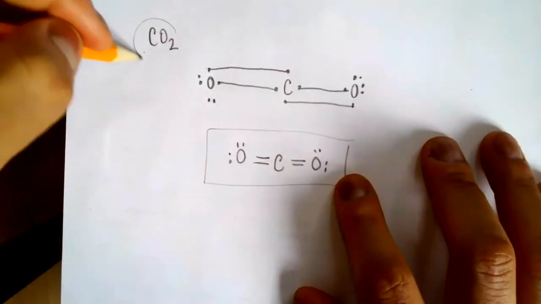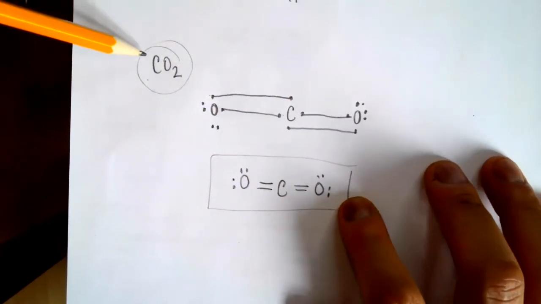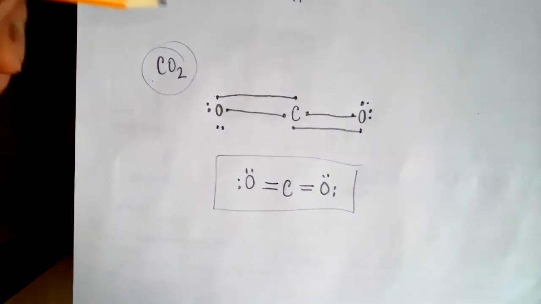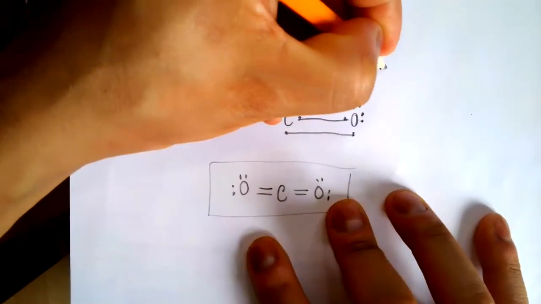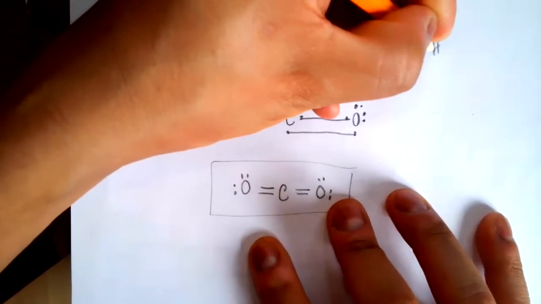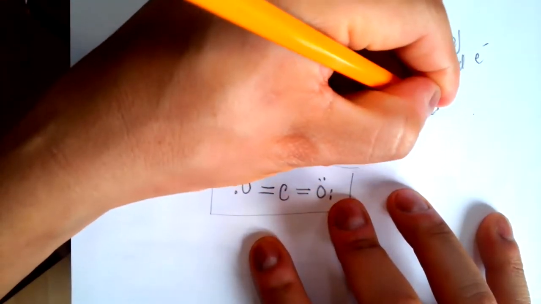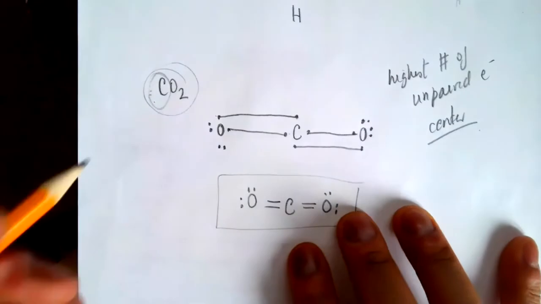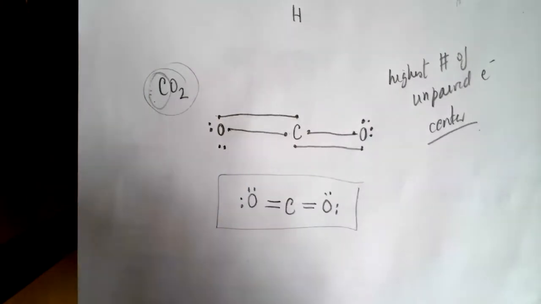So how do I know which one goes in the center? How do I know, for example, that carbon goes in the center? Normally you always put the element that has the highest number of unpaired electrons in the center. Why? Because that one has the maximum number of unpaired electrons, which means it also has the maximum number of bonds, right? So it forms multiple bonds. So you want to have that element with multiple bonds in the center.